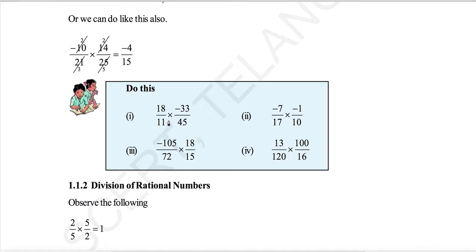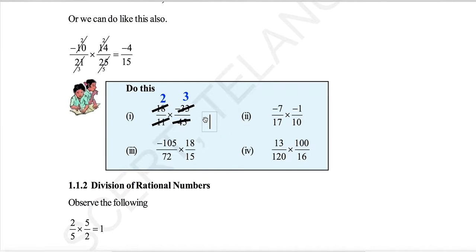What about here? This we can easily do. 11, how many times? 3. 11 3s are 33. Okay, what about this? 9 2s are 18, right? 9 5s are 45.